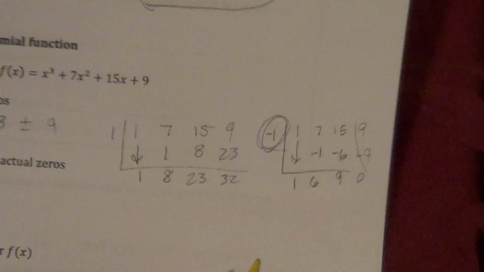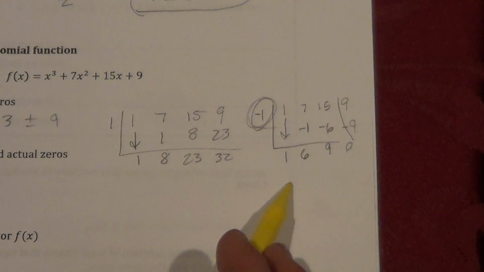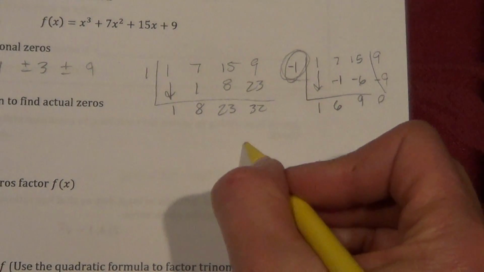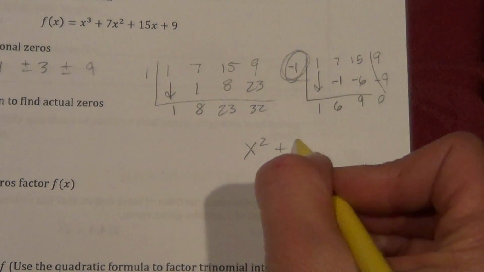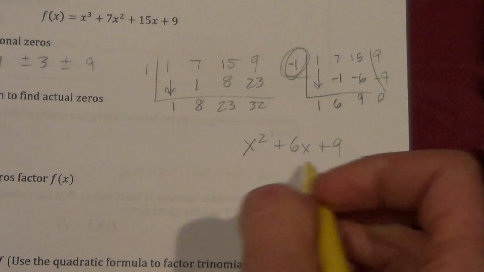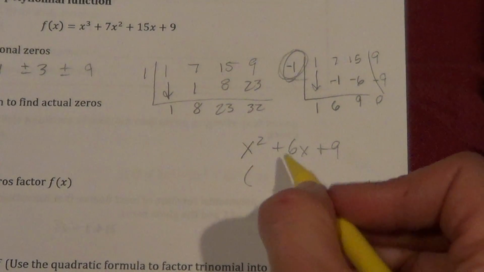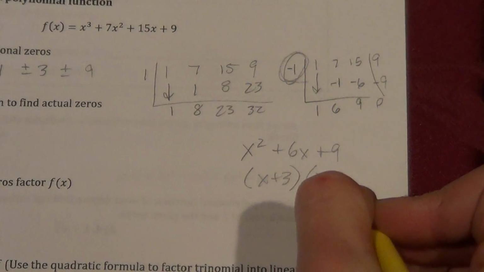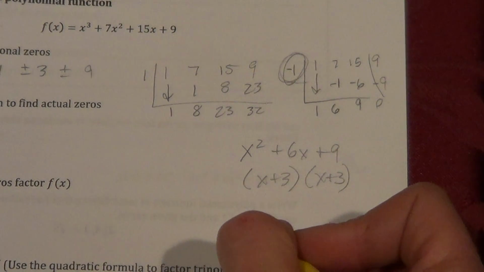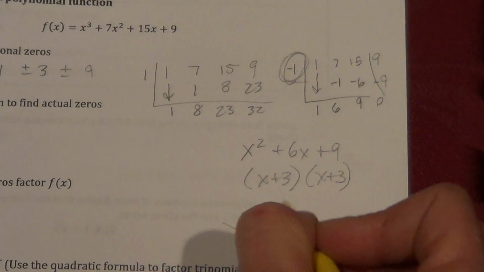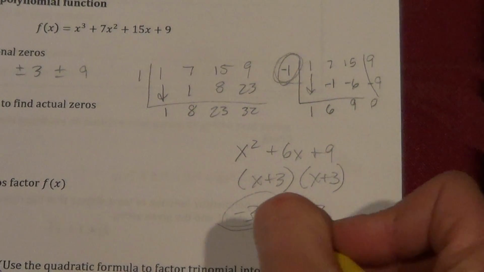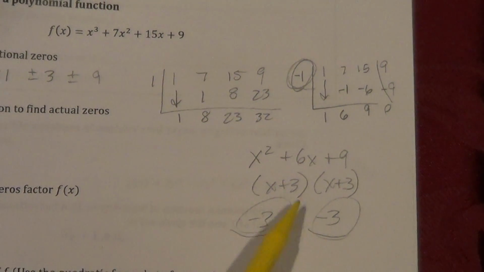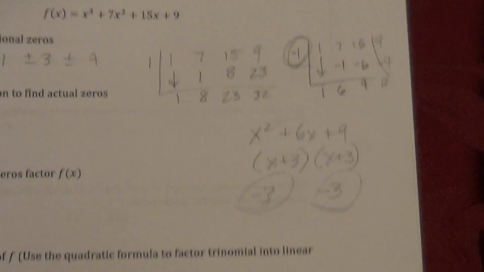Now you could go ahead and factor 1x squared plus 6x plus 9. That is a perfect trinomial square, so we have x plus 3, and x plus 3. That means our two other zeros would be negative 3 and negative 3. So the graph line will be tangent at negative 3 and it will cross at negative 1. Okay?